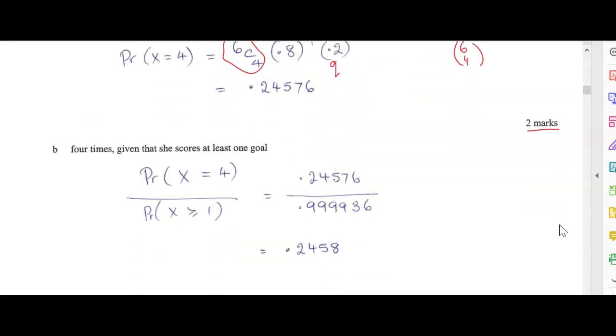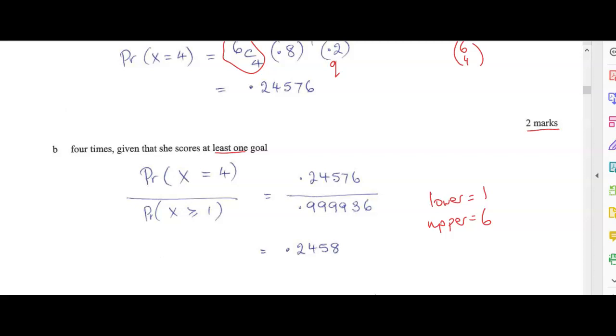All right, question B, 4 times given that she scores at least 1 goal. With a binomial distribution, it is important that you get your inequality correct. So at least 1 goal, your lower bound is 1, and your upper bound, how many goals is she doing? 6.